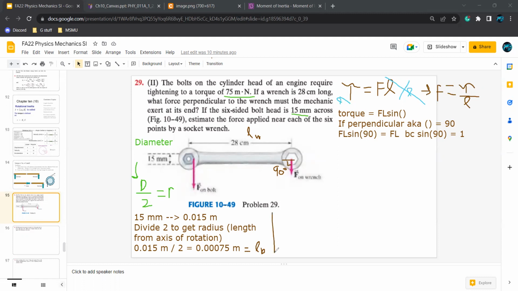So let's draw a line here. Wrench. Then bolt.